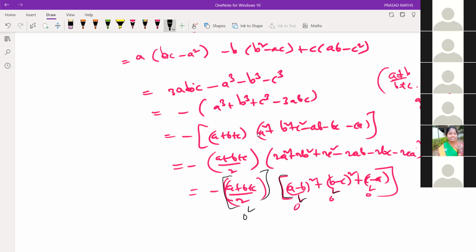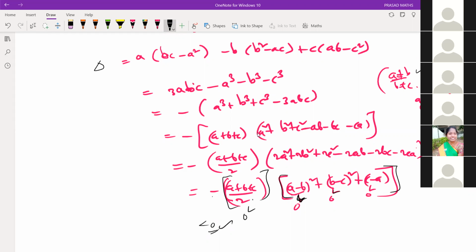In the second bracket at least one term is positive because at least two among the three are different. So positive into positive is positive, and positive into negative is negative. So the total is negative. So this is the textbook proof.